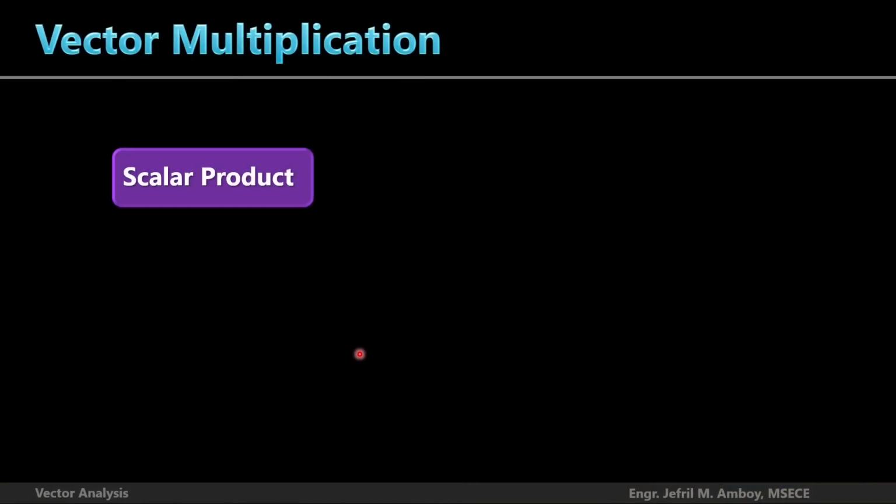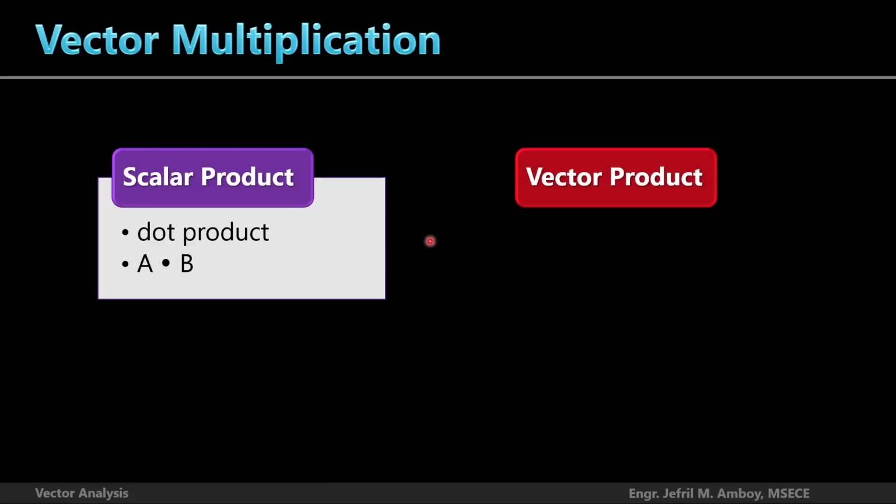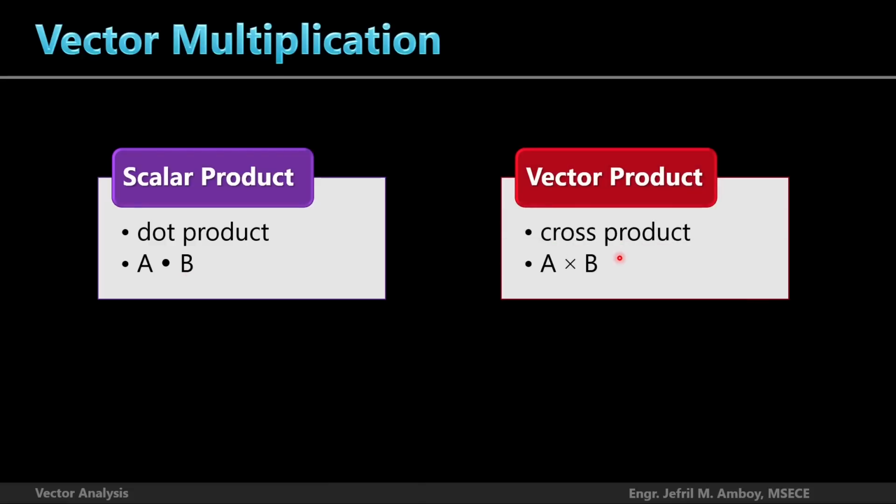A scalar product is obtained when you get the dot product of two vectors. It's called a dot product because the symbol uses a dot. So here it is. This is how you write the dot product of vectors A and B. We have A dot B. Vector product, on the other hand, is obtained when you get the cross product of two vectors.